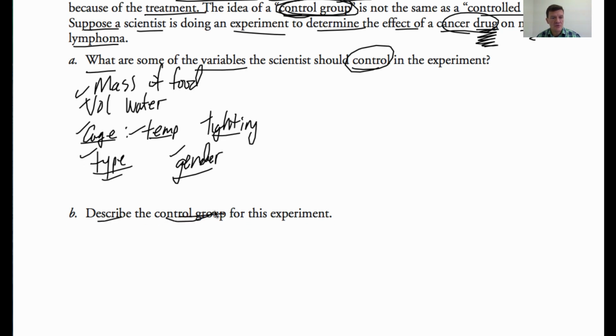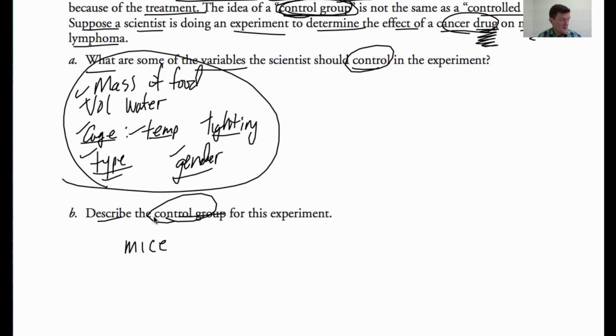And describe the control group. So the control group here would be basically you would have mice, and all of these conditions would be exactly the same for the testing group, for the control group, but they would not receive the drug. You'd have the mice that have all of these things would be the same. Okay?